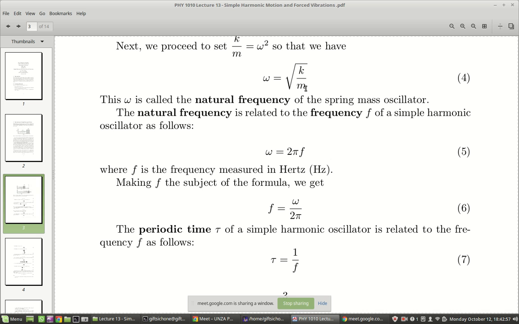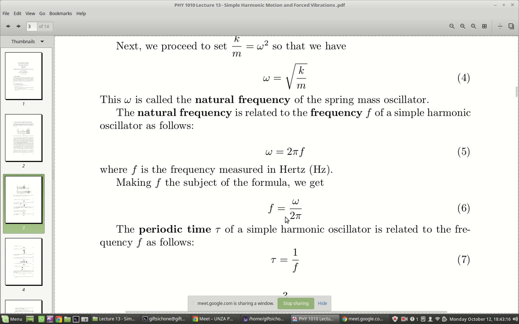There is another physical quantity which is related to frequency, which is the period. The period of an oscillator: how many seconds does it take the oscillator to go this side and come back? How much time does it take? That is what you call the period of an oscillation.